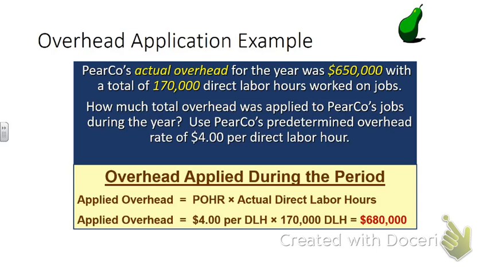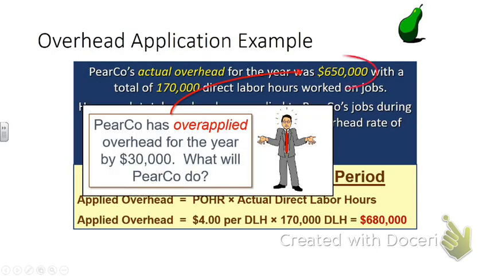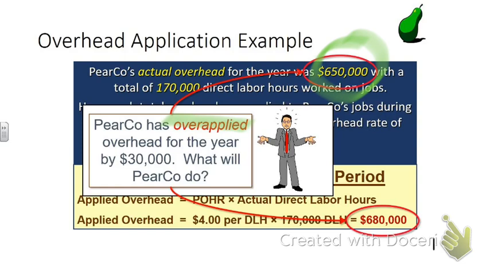Now the issue. They've over-applied by 30 grand. So what that means is, if you took a look at their T account, the applied is over here, the actual is over here.